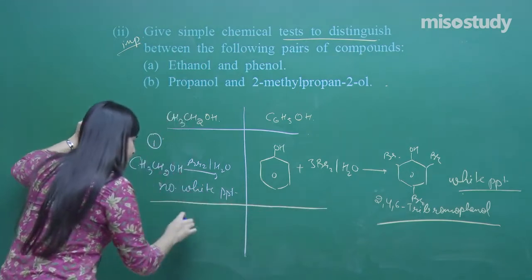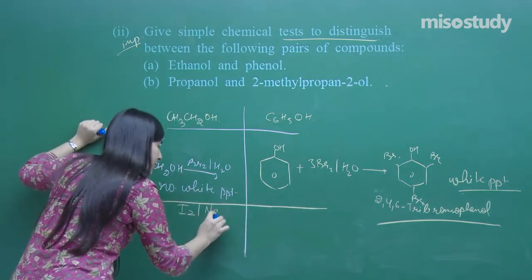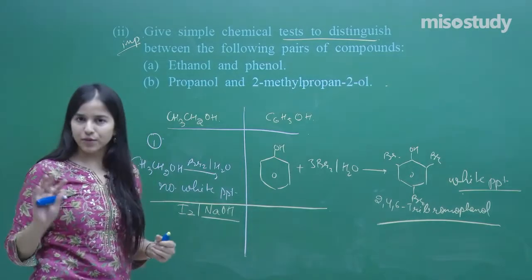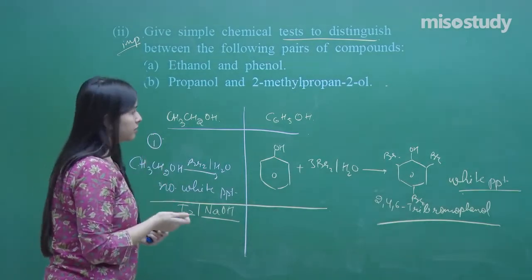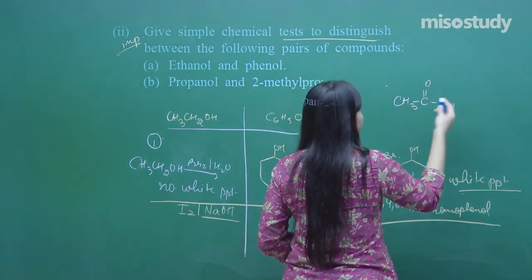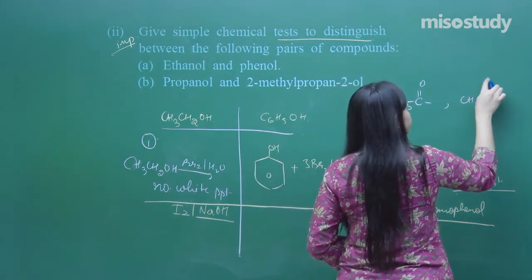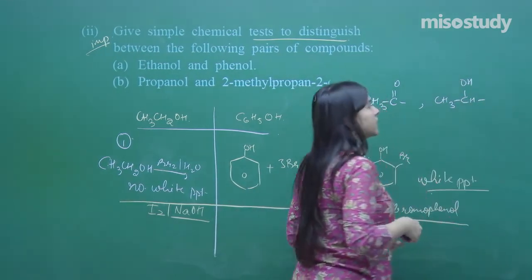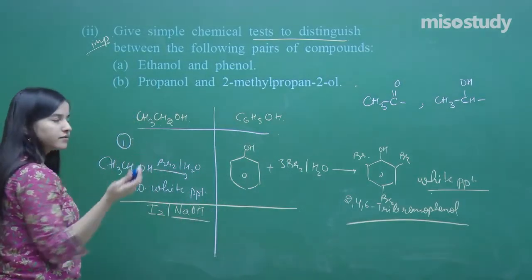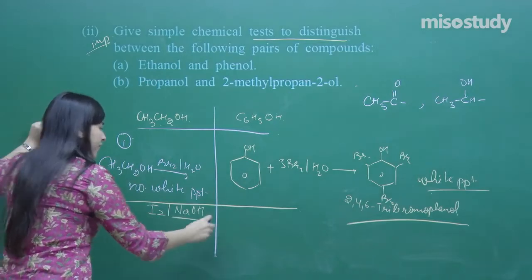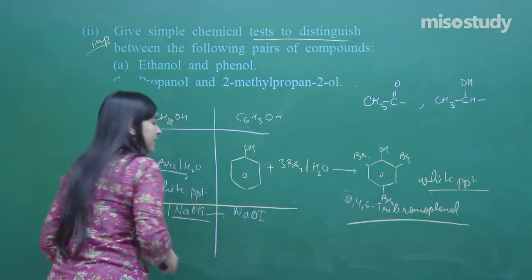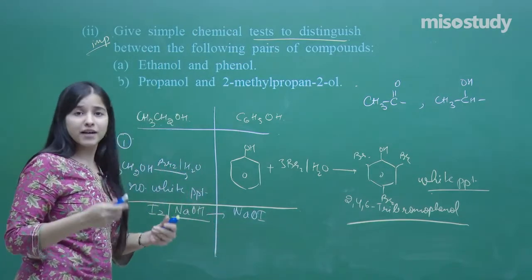The next one is the iodoform test. Yes, you might be thinking of it. Iodoform can also be applied. Any one of the tests you can give. What we know about iodoform is that this group, or these kinds of groups, give the iodoform. So it definitely matches with our ethanol. Basically I2 plus NaOH gives NaOI, which is the main thing which produces iodoform.